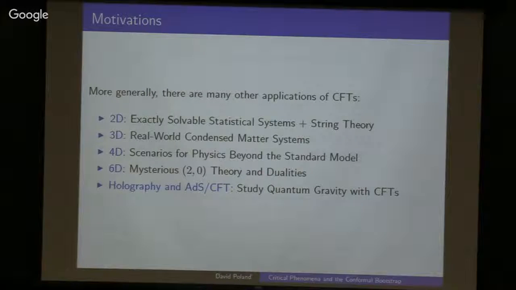It's exciting because it's led to many new dualities that people didn't know about before. It seems to play an interesting role in compactifications in string theory. So really there's a wide variety of different dimensions, and different amounts of extra structure like supersymmetry, that are interesting to study.